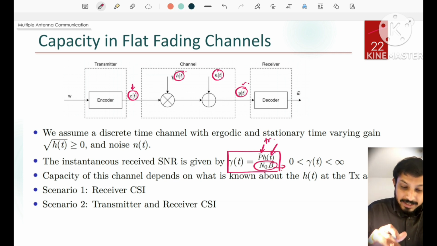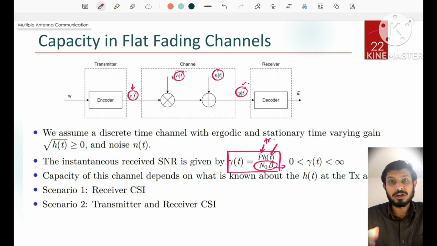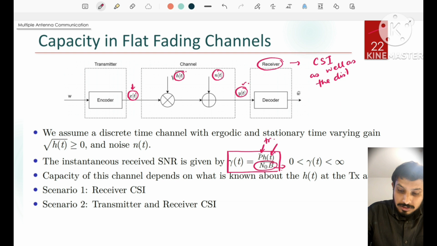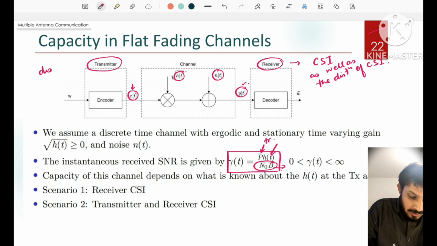So the capacity in case of flat fading channels depends on two scenarios. The first scenario is that the receiver knows the value of h of t, that means it knows the value of CSI as well as the distribution of CSI, and the transmitter only knows the distribution of CSI.